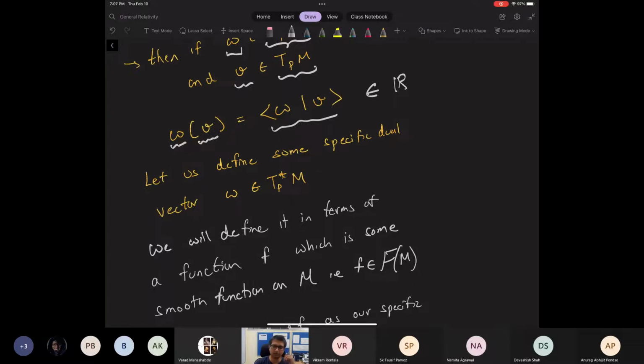So we'll define some dual vector omega, which belongs to this dual vector space.